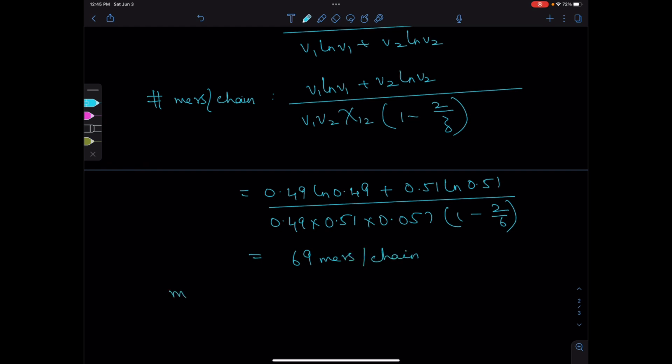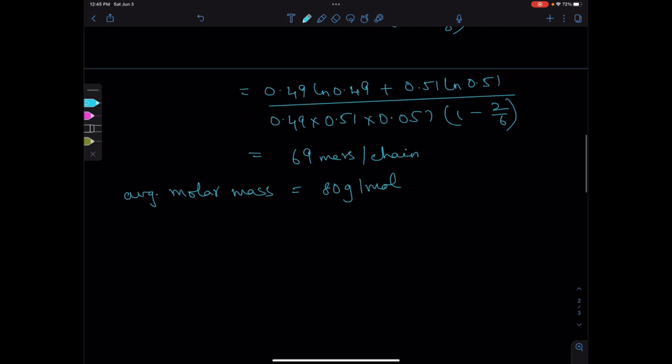Since the average molar mass is 80 grams per mole, a molecular weight of 80 times 69, which is 5520 grams per mole, would be the point at which it becomes immiscible.